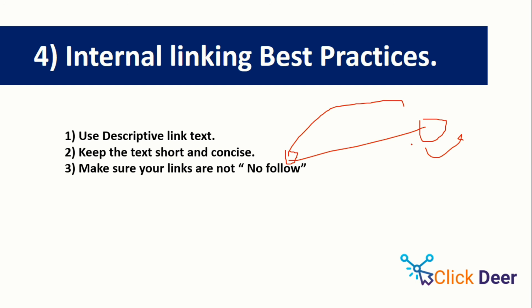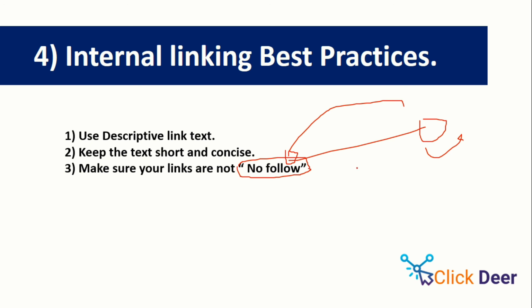So when you put a nofollow tag on it, then Google may not transfer the link juice to the page that has been linked, right? So that's why you should make sure that your links are not marked as nofollow. Instead, they should be dofollow, right?